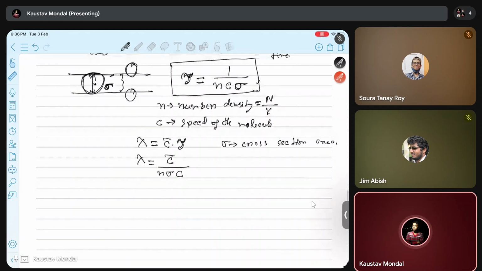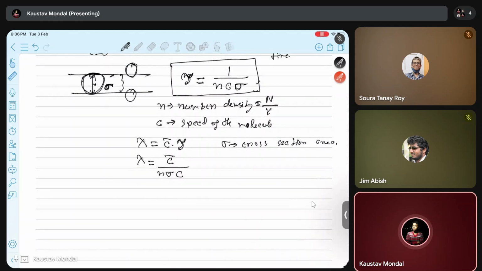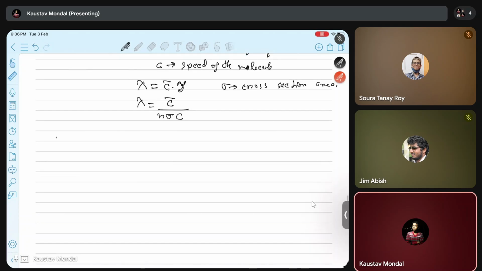For a spherical monoatomic molecule moving in space, what is the expression of sigma? Let's suppose the molecule has a diameter d.